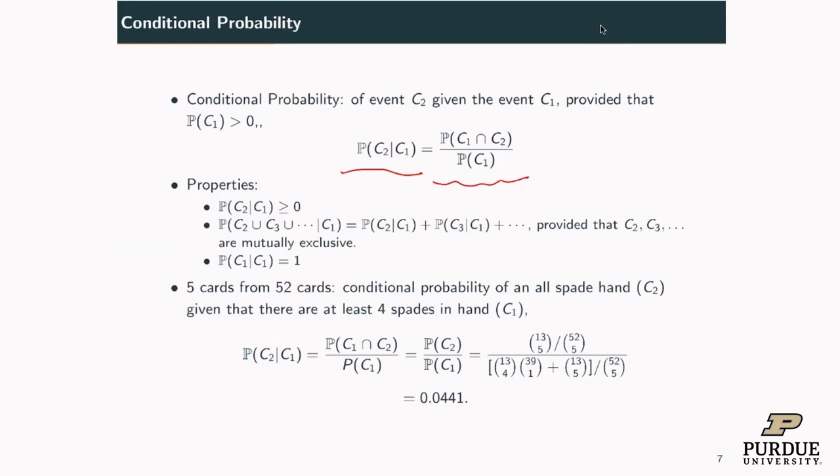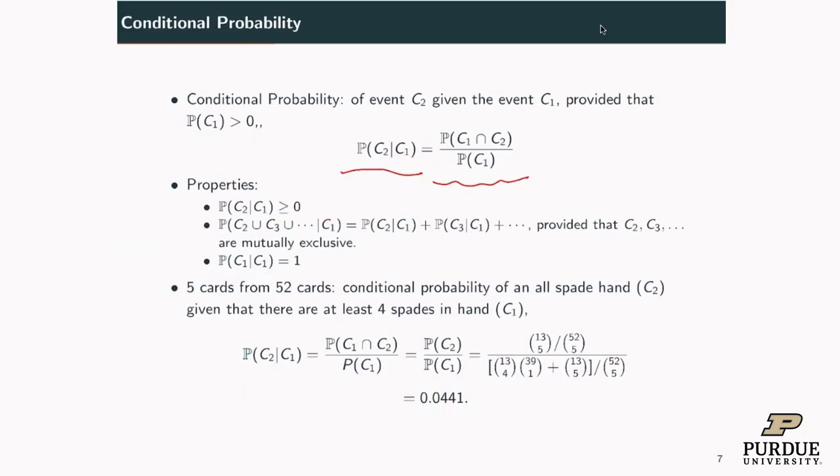It is a probability. It satisfies all properties of probability. For example, probability C2 given C1 is non-negative. The probability of a union, as long as the events are mutually exclusive with no overlap, is the sum of the individual probabilities, but they are all conditional probabilities.